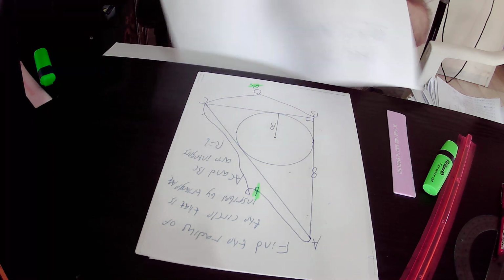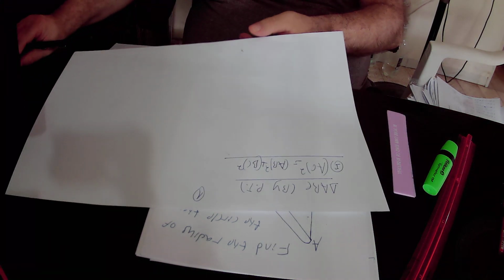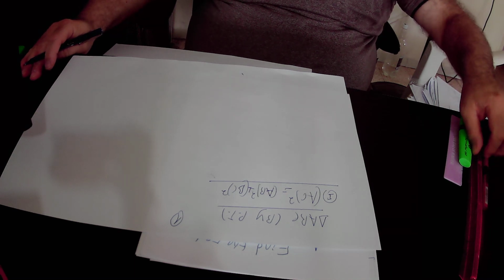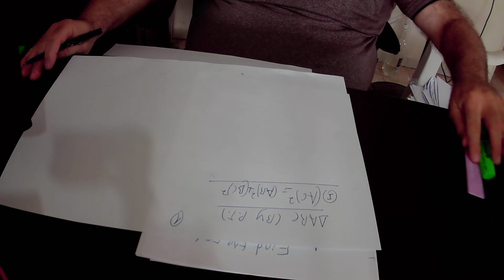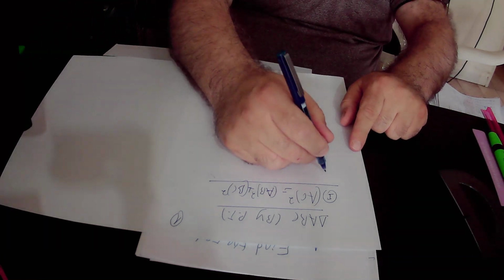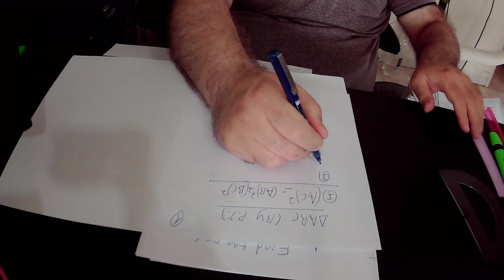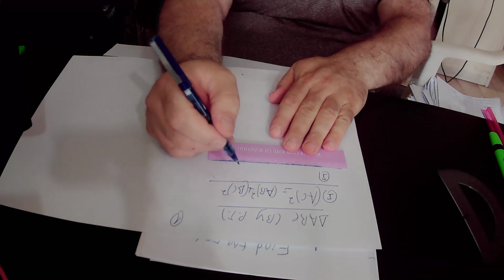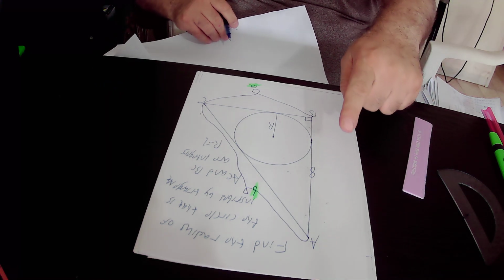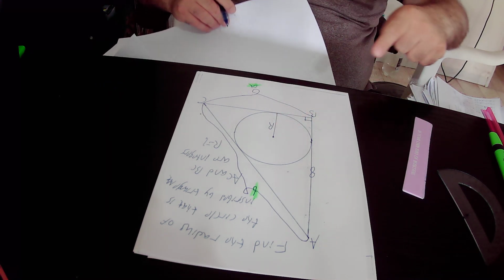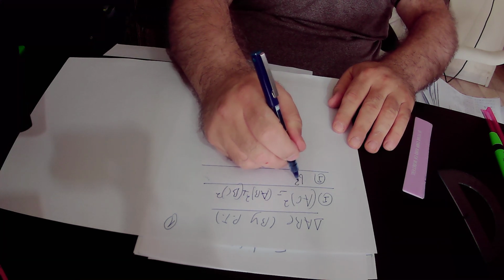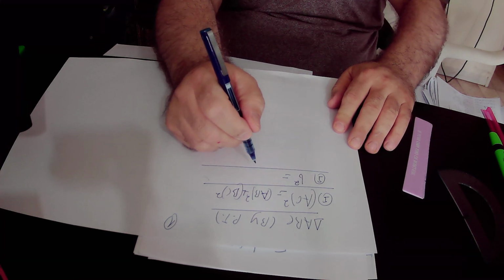I'll repeat again. In the right triangle ABC, according to the Pythagoras theorem, AC squared equals AB squared plus BC squared. AC equals B according to our definition, so AC squared is B squared.